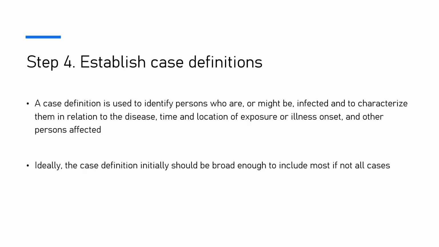The case definition is used to identify the persons who might be, or are actually, diagnosed with the disease, and to characterize them in relation to the disease by time and location of exposure or illness onset, and other persons who are affected. So this is the importance of case definition.